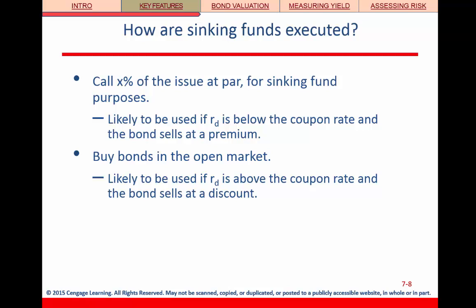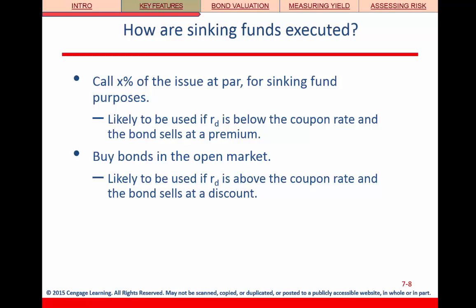Now, if the bonds are selling at a discount, which means that their price is less than $1,000, the company gets to just buy it back in the market at a discounted price. The most they'll pay is $1,000 par value, and the least they'll pay is however much the discount might be from $1,000.